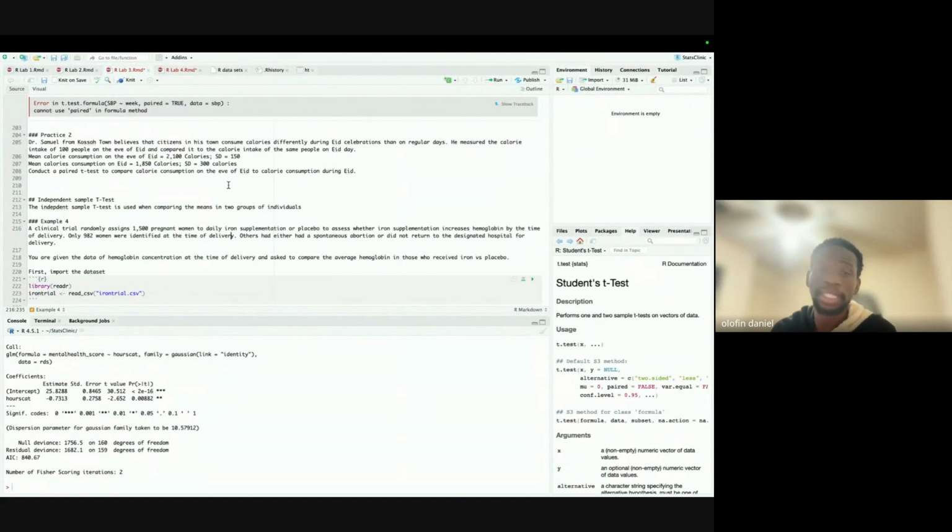The process might be the same, or it might not be. It's just as if you are comparing patients on placebo and patients on actual treatment. These two groups of individuals don't have any relationship together.